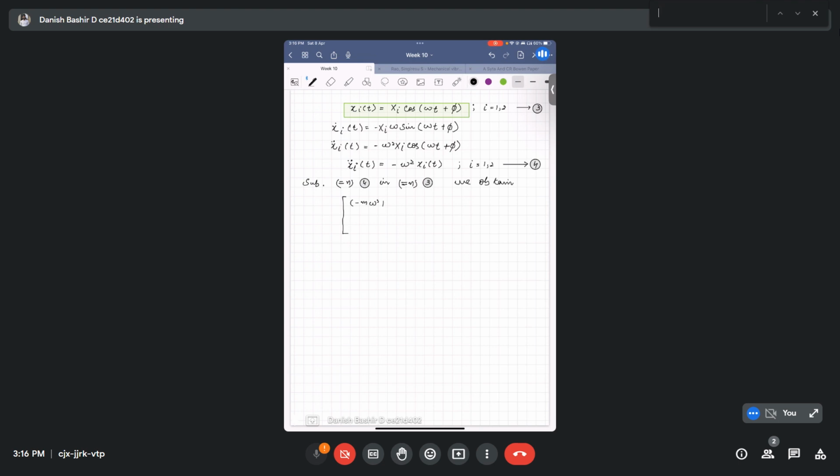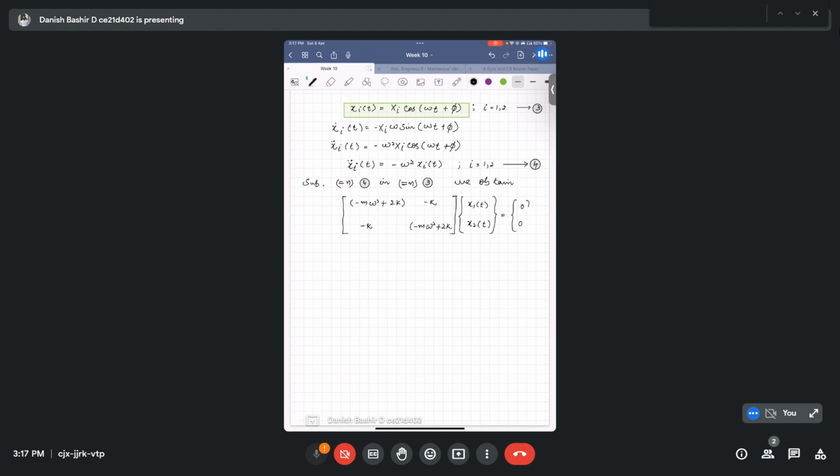I showed you this last time in full detail, so I'm writing it directly to save some time. It multiplies x1 of t, x2 of t, and is equal to 0, 0.